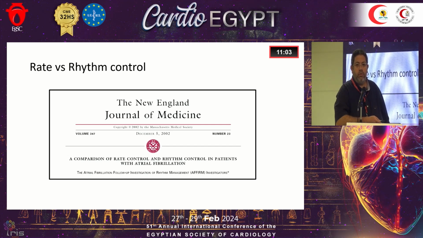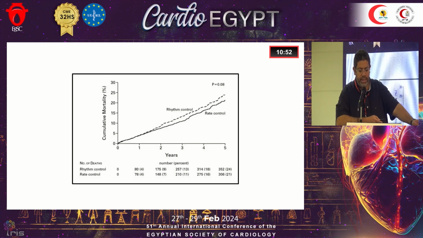The investigators looked at the endpoint of disabling stroke, mortality, and major bleeds, hoping to find a benefit for rhythm control. But unfortunately, the result of the AFFIRM study was negative. There was no major difference in these hard cardiovascular endpoints in favor of rhythm control compared to rate control.